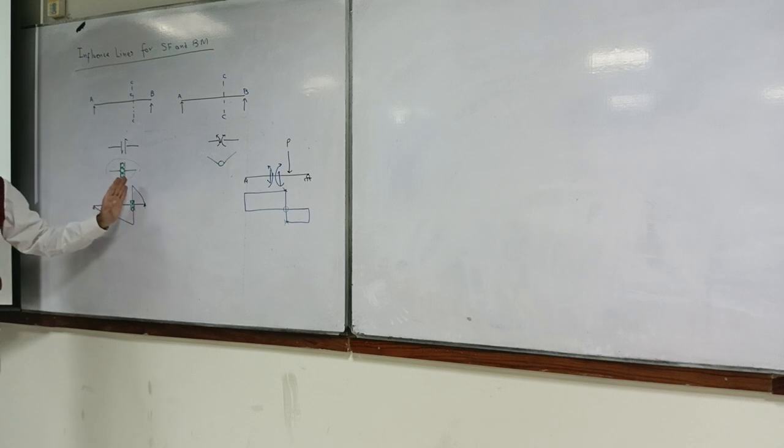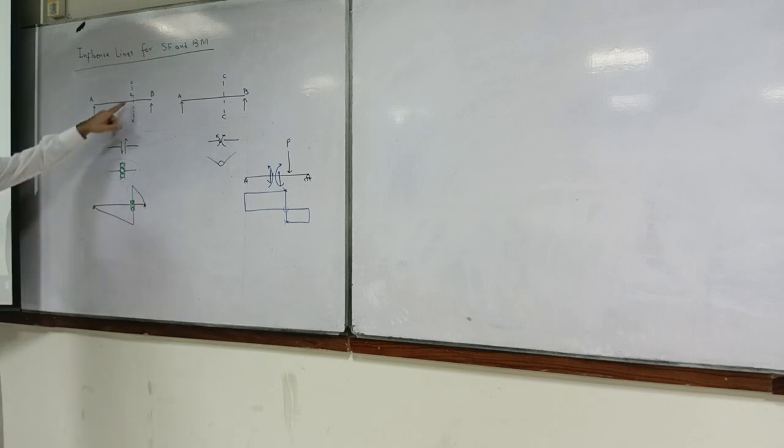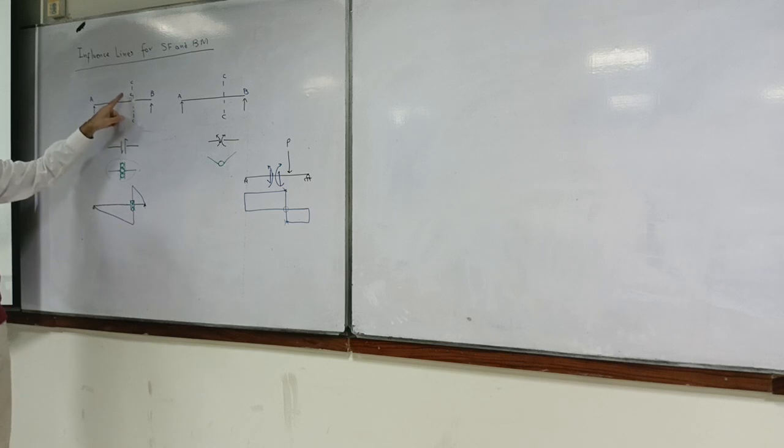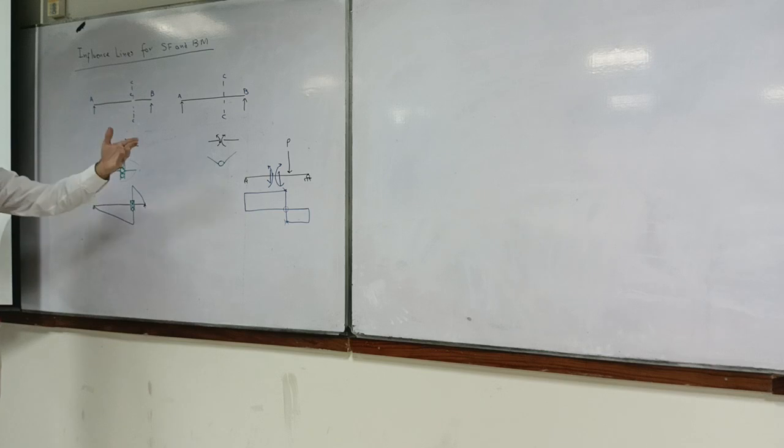Do you understand my point? So I can have a unit load being moved along the span and I keep on finding the shear, okay? The moment it crosses C, there is a jump in shear. So that's why I got this jump over here.